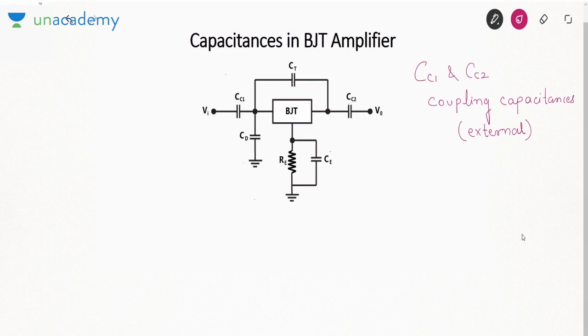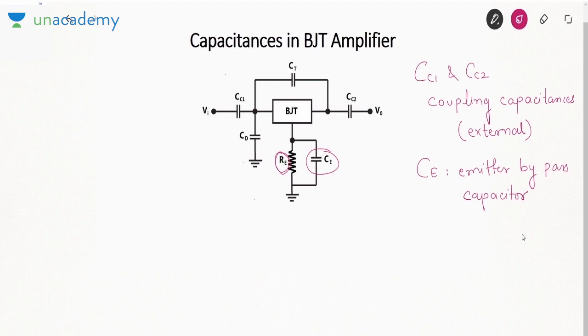Now I have told you about this CE also. I have told you in AC analysis we short circuited this CE. When we short circuited this CE, this resistance became short and gain became high. So this CE is called the bypass capacitor.